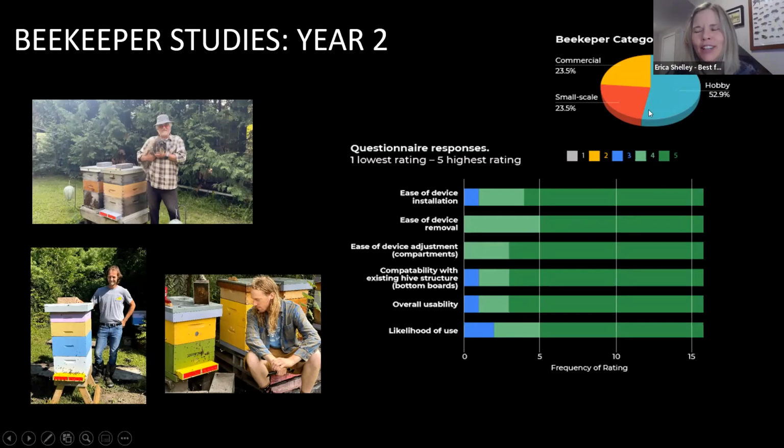We have 16 on here because we didn't get 2 of our surveys back, but about half of them were hobby beekeepers, about 24% commercial beekeepers, and 24% small scale beekeepers. We had them put them on their hives, and we basically said, can you tell us what you think about this for bee vectoring? That's what we were doing.